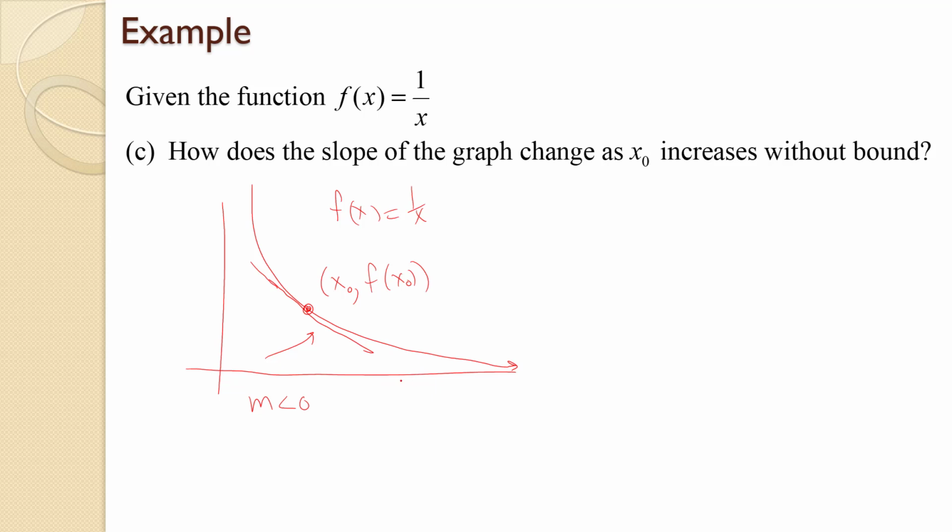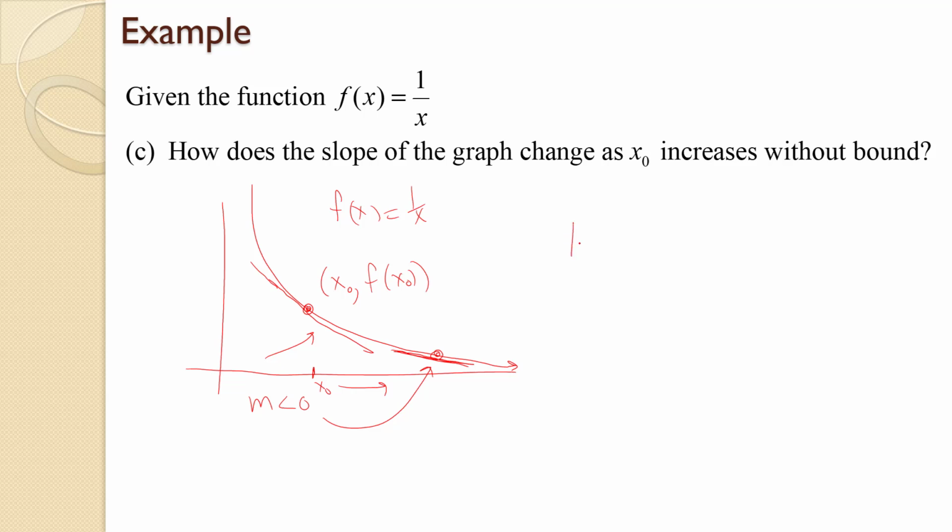But if you let the x-coordinate increase without bound, you should get that the point moves, but the tangent line, of course, is also at the same time changing. And looking at these two slopes, both slopes are negative. But see how the line is becoming more and more like a horizontal line? That means that the slope is tending towards 0.